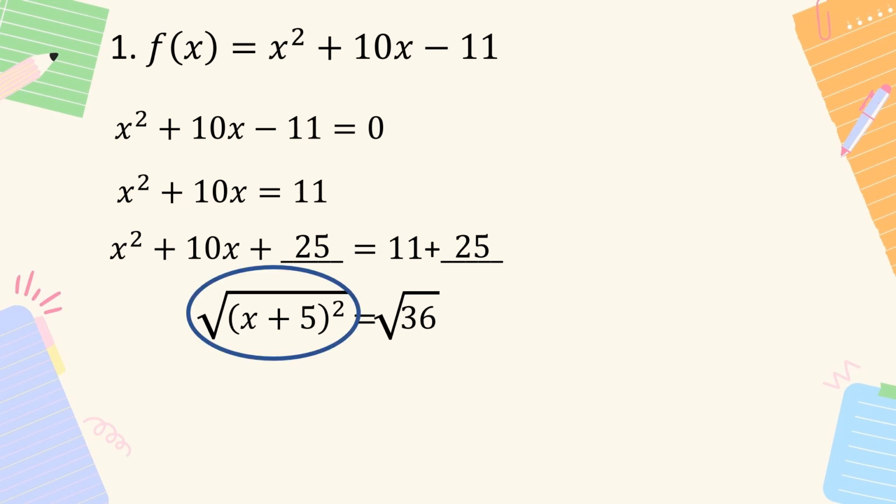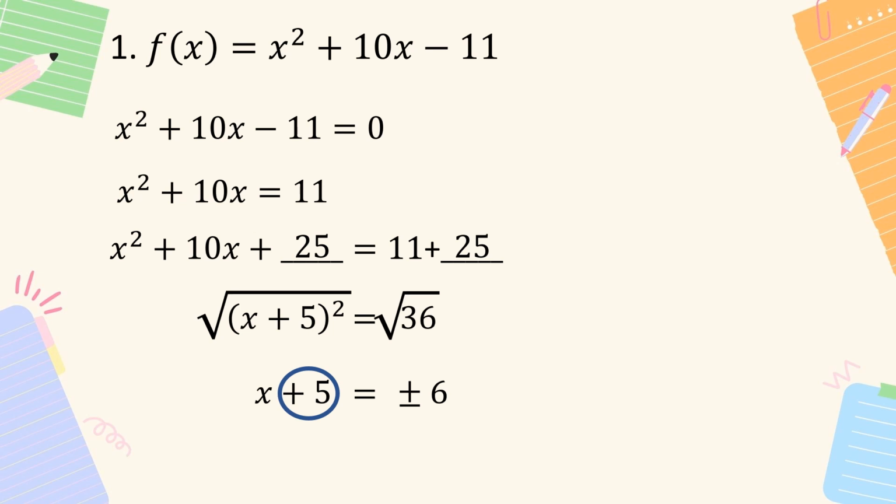The square root of the square of the sum of x and 5 is equal to x plus 5, equals the square root of 36, which is equal to positive negative 6. We now transpose positive 5 to the right side of the equation. So x is now equal to positive negative 6 minus 5.